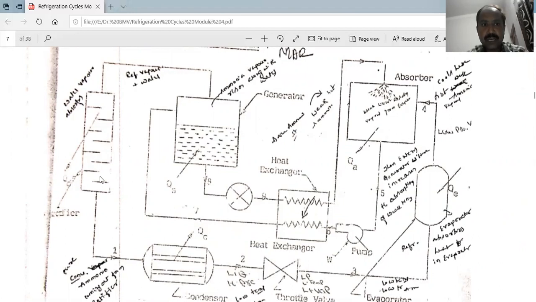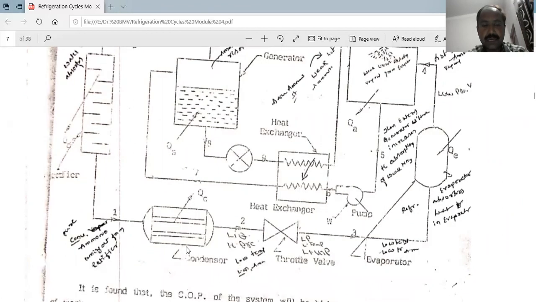The rectifier absorbs the water vapor, and the pure concentrated ammonia vapor refrigerant is passed to the condenser. Here the condensation process takes place. The low temperature liquid ammonia is passed to the throttle valve. Then the low temperature, low pressure ammonia vapor is passed to the evaporator.